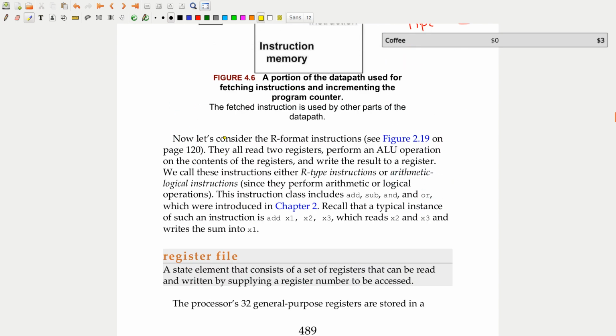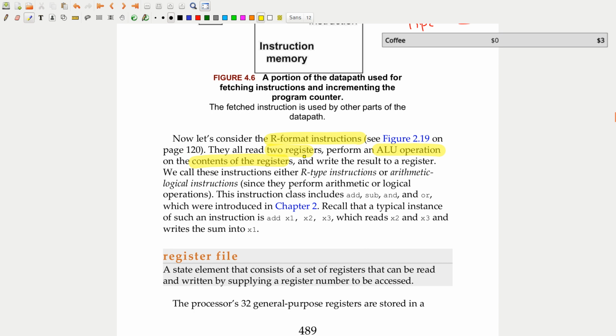So now we need to consider our format instructions. These are typically register type instructions, so we're going to be calculating or working on data for the most part here. They all read 2 registers and perform an ALU operation on the contents of the registers. These registers don't hold memory addresses that we're looking at in memory.